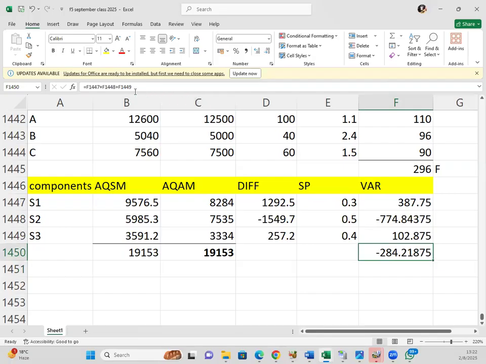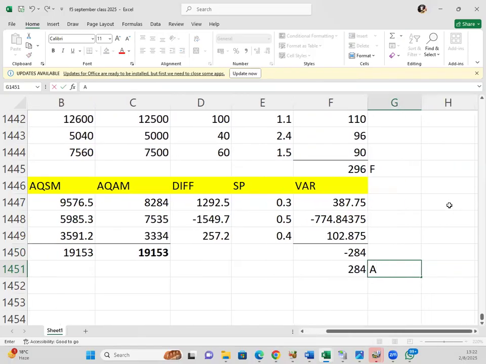So 284.21, if there's a slight difference, it could be because of rounding off issues. So that's negative 284. In other terms, we are saying that's 284 adverse.